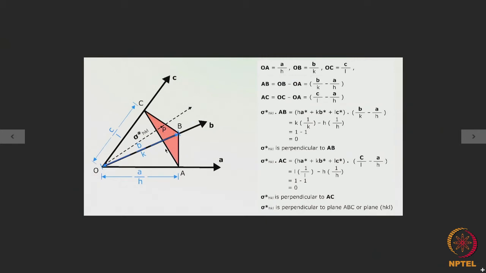Now, suppose through the point O we draw a straight line parallel to the vector sigma star HKL in the reciprocal space. So, what essentially we are doing?